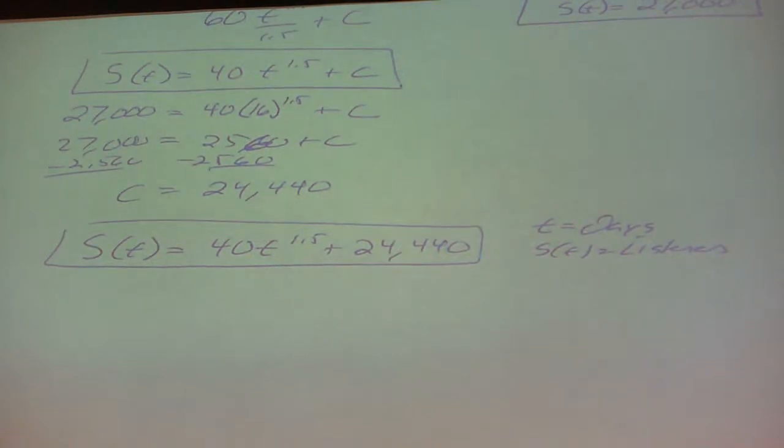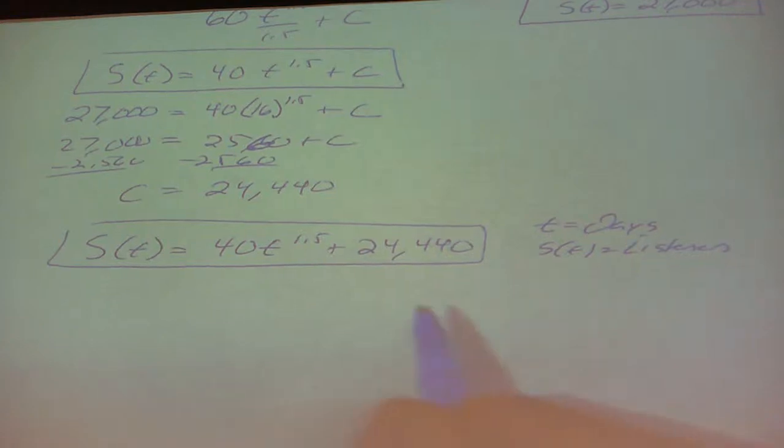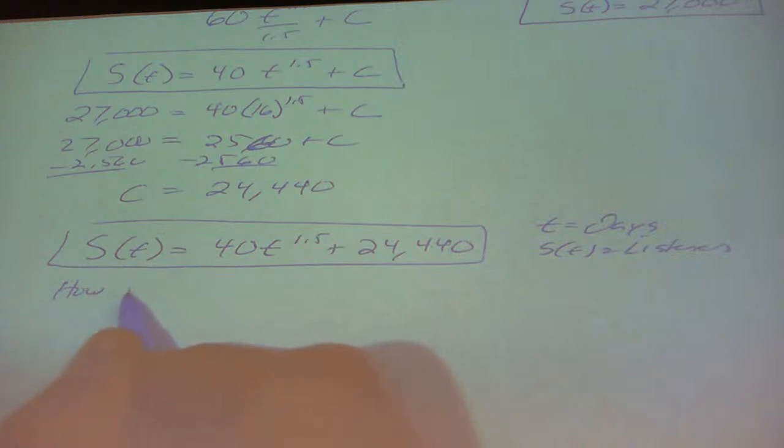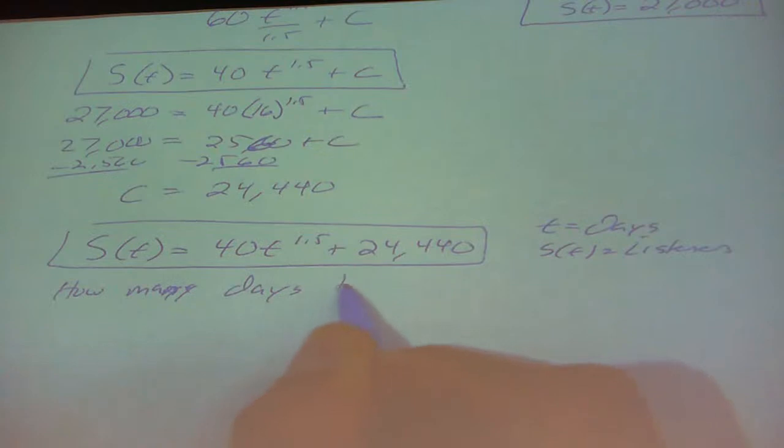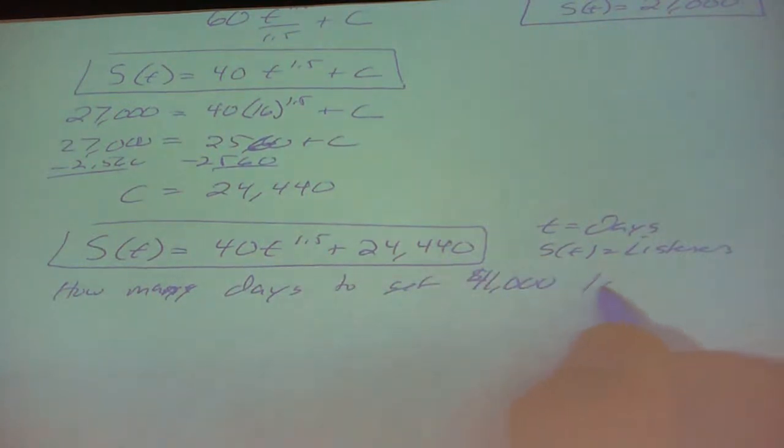Because remember, the derivative was listeners per day. Now the last question is, I want to know how many days it will take to get to 41,000 listeners.